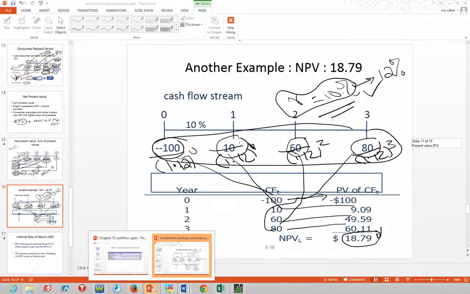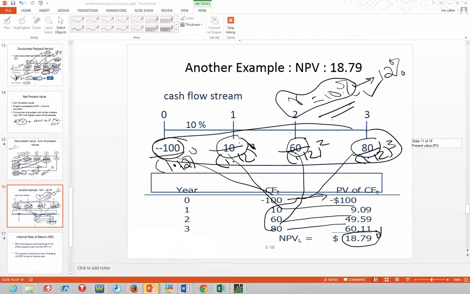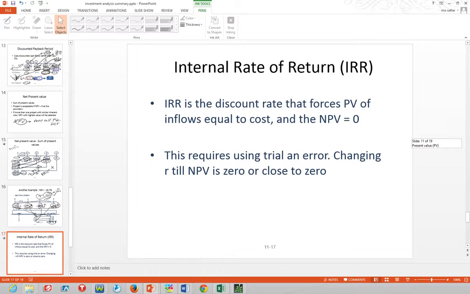So if I go to the next slide, first we want to talk about what IRR is, and then make the connection with the NPV.